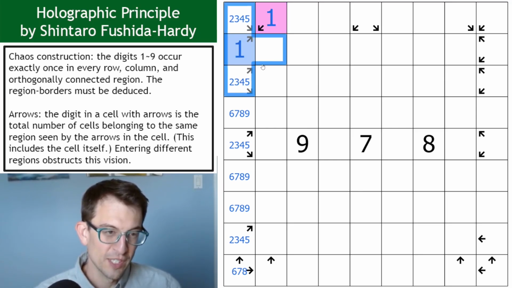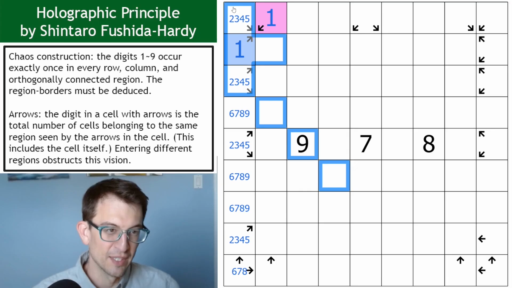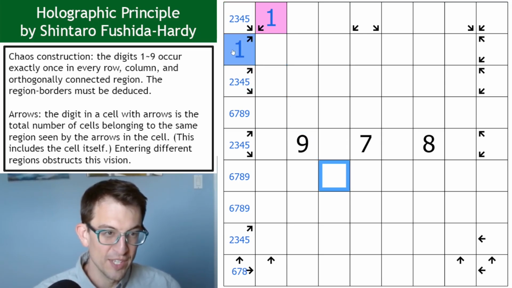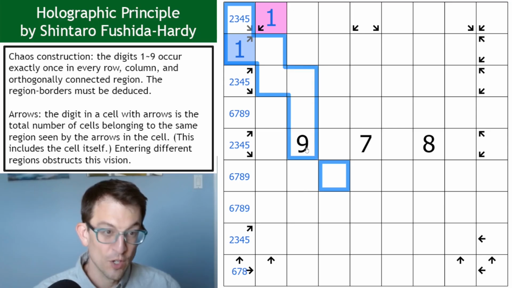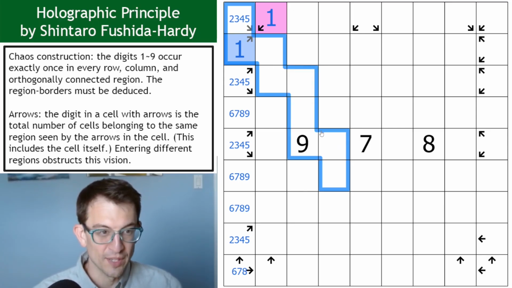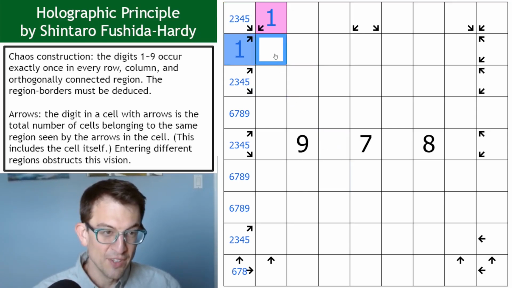So if this goes to here, it would have to take these as well. And there's no way to make that work. There's no way I can get this cell up to here and take both of these. Because if I want to get these 2 in the same region, I have to do it directly. 1, 2, 3, 4, 5, 6, 7. Oh no, you can do it directly. But that means I either take this cell or this cell and not both. So if this is 5, it just goes straight down.